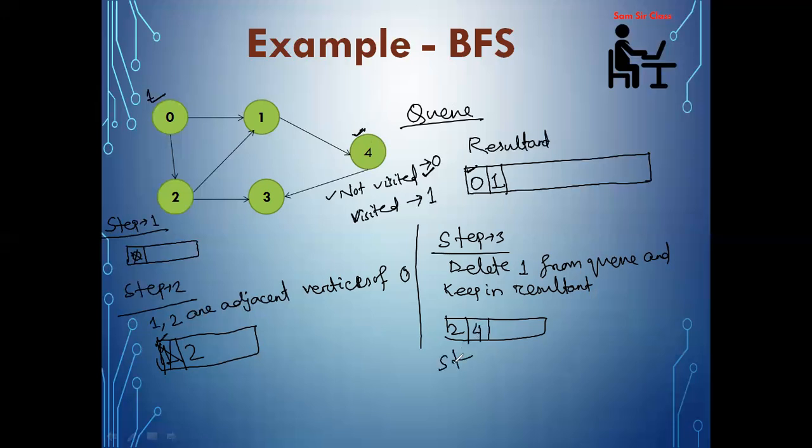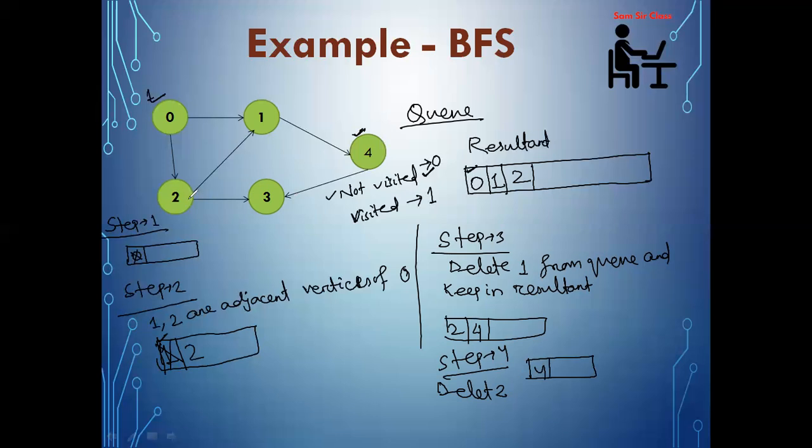Okay. So in the next step, you have to check out of 2 and 4, which vertex has been inserted first. Now obviously 2 has been inserted first. So you'll delete 2 first. And once you delete it, you'll bring that one to the resultant. So currently your queue contains 4.